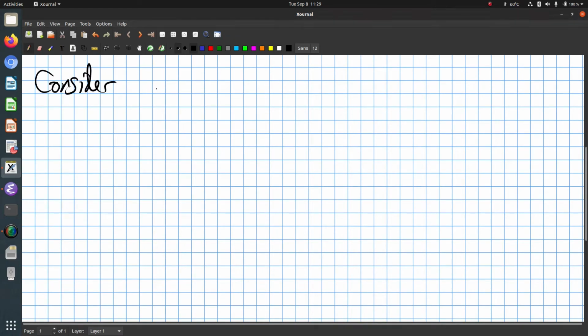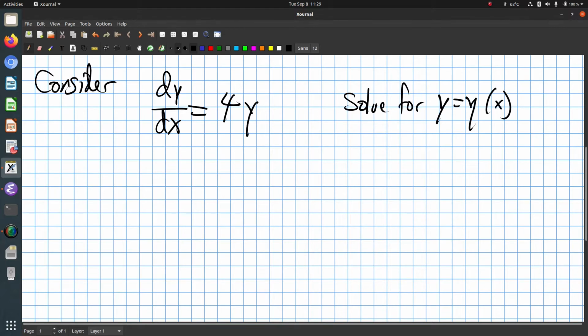So let's say that the unknown function is y. So solve for y is equal to y as a function of x. So in this equation, it involves the derivative of y with respect to x, and the question is, what function will satisfy this equation?